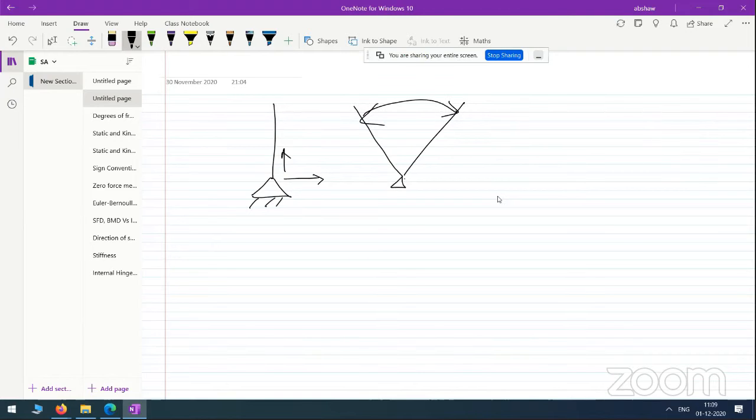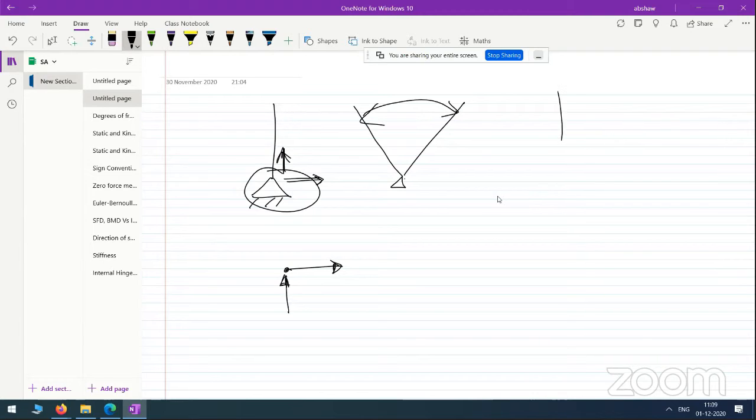Now, when we draw the free body diagram of the support, since the displacement is restricted in this direction and in this direction, there will be a reaction at this support. There will be a vertical reaction and a horizontal reaction, but since rotation is allowed at this support, there will be no moment at the hinge support.